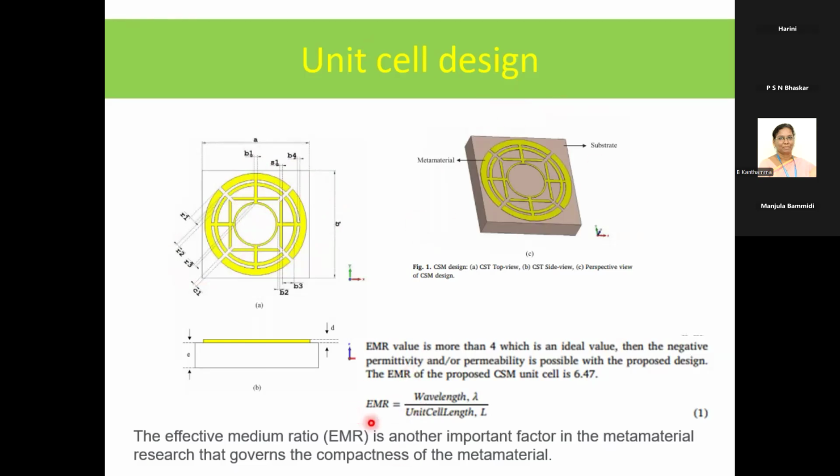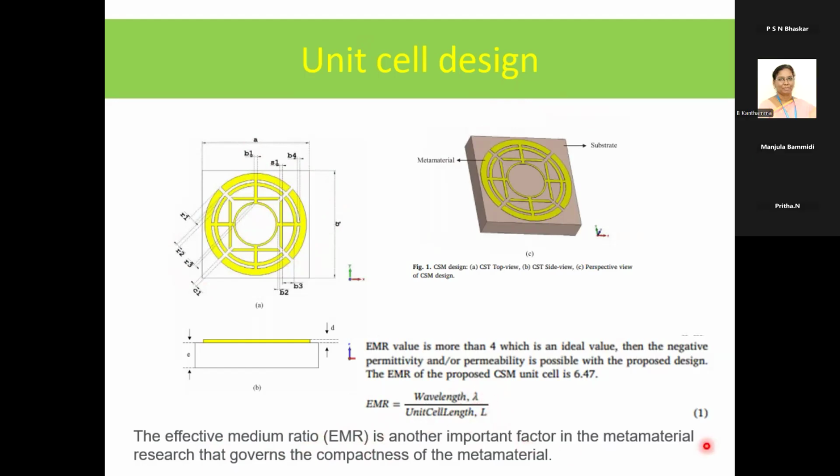And here, this is called the effective medium ratio. This effective medium ratio is the ratio of wavelength to unit cell length. The effective medium ratio is an important factor in the metamaterial that governs the compactness of the metamaterial.